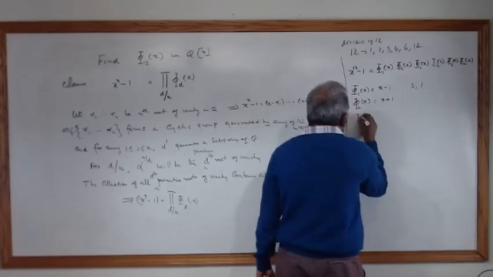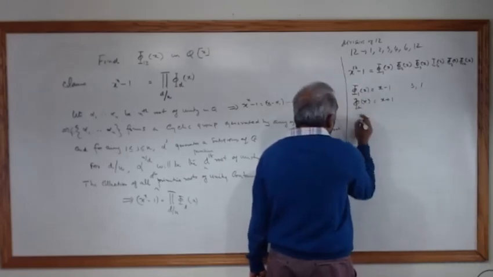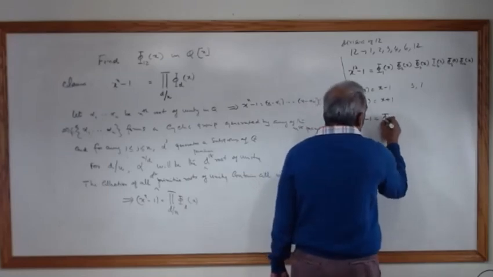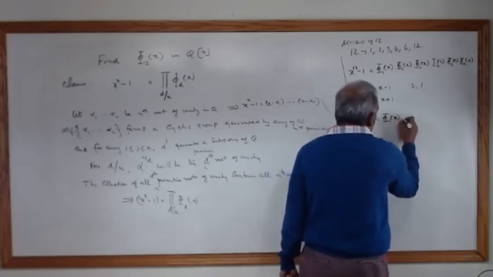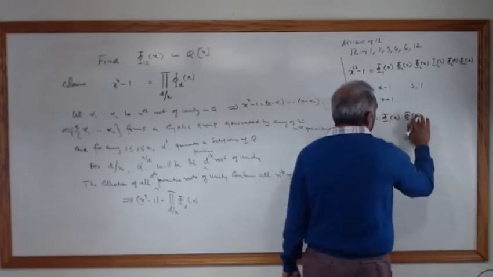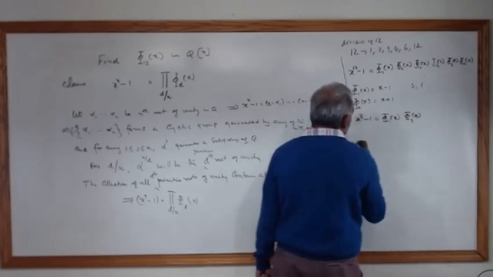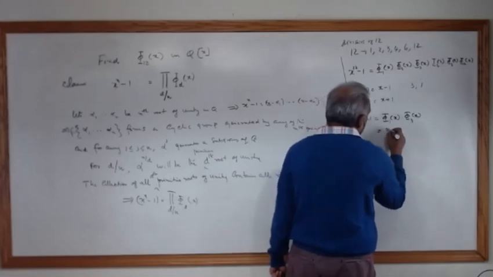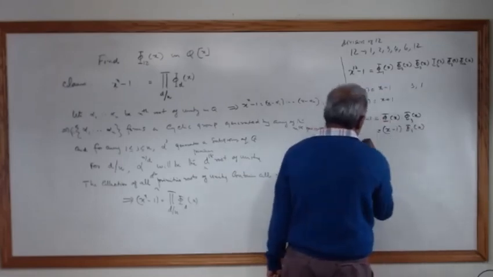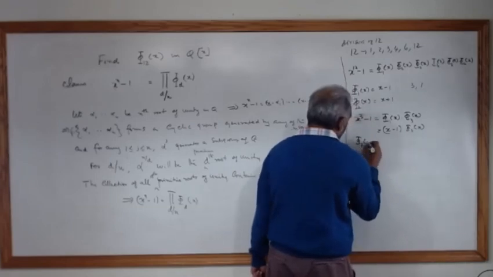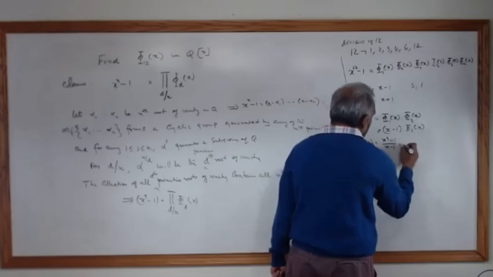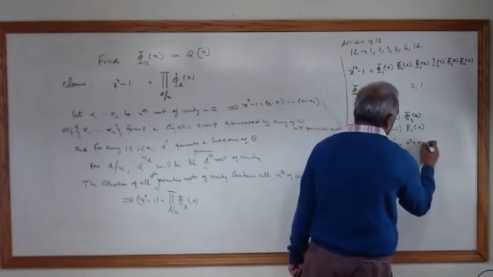So x to the power of 3 minus 1 is equal to phi 1 of x times phi 3 of x, that is x minus 1 times phi 3 of x. So phi 3 of x is equal to x cube minus 1 by x minus 1, and that is x square plus x plus 1.